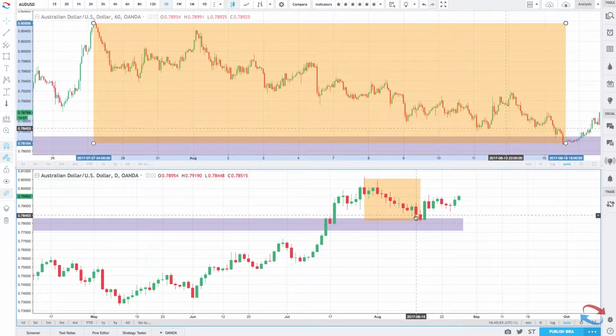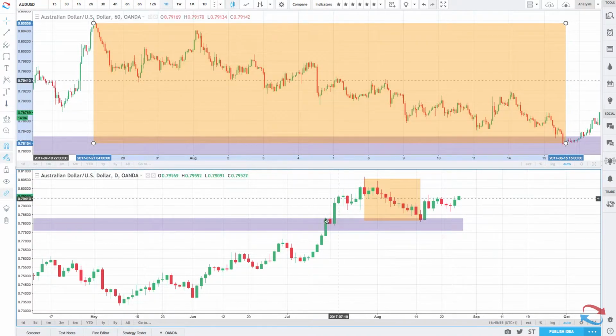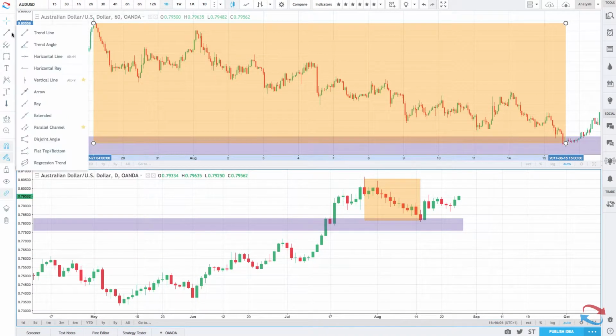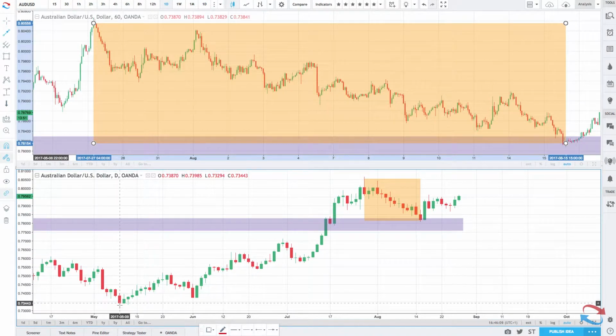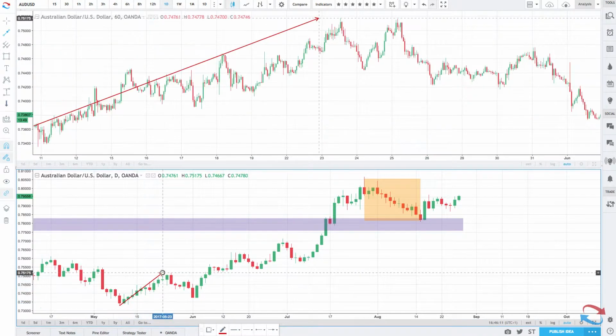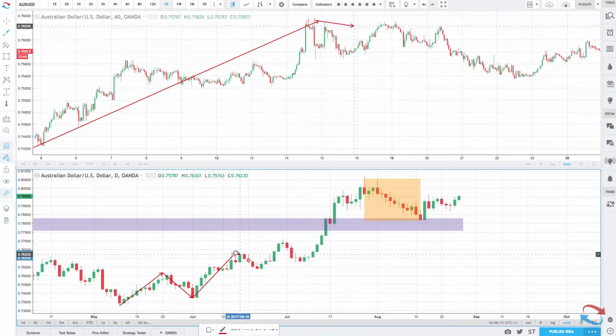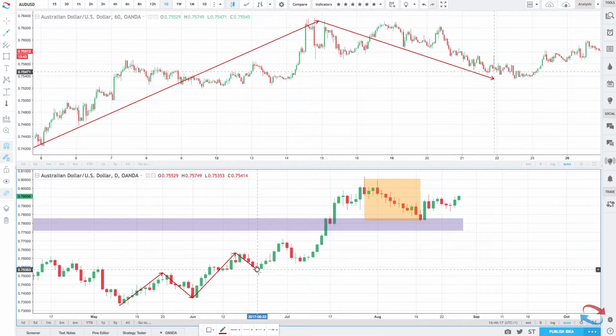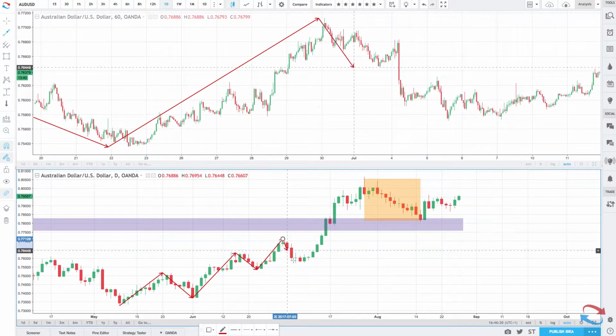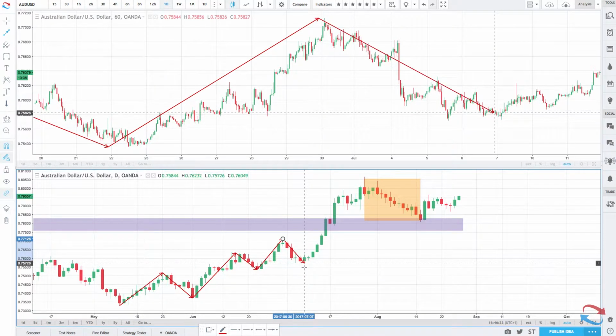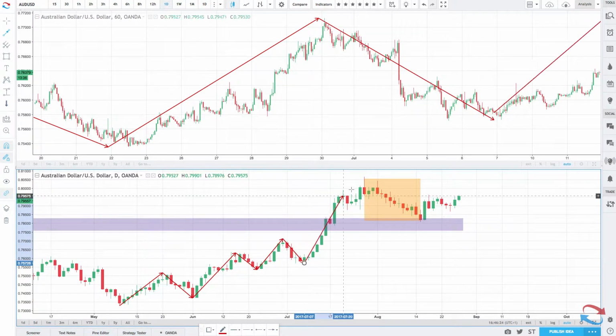Now that was just a pullback, and if you were trading the overall trend, then you can see from the daily we have higher highs and higher lows being made slowly. So let me draw this out. And you can see that the market on the daily has been making higher highs and higher lows.